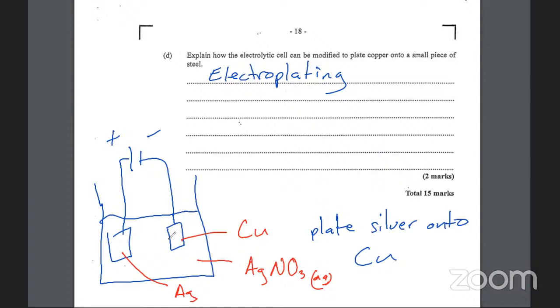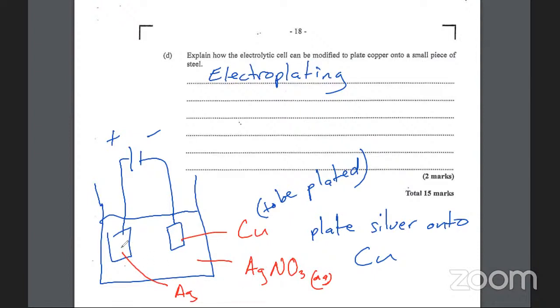Whatever is to be plated, so copper is to be plated, you put it at the cathode. Whatever is doing the plating goes at the anode. And the electrolyte must contain ions of the metal that is doing the plating, in this case, silver.